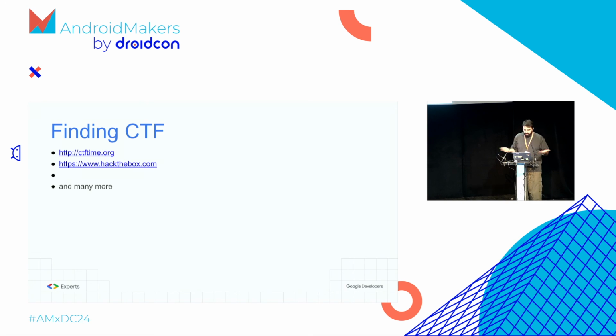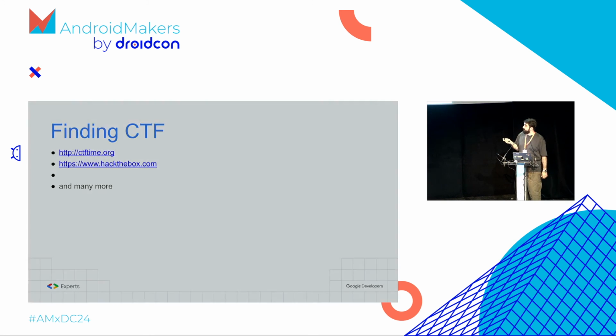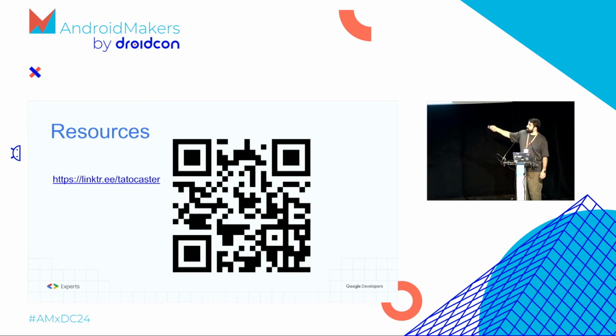Even though it's a mobile challenge, it goes beyond the JVM layer, and that's the beauty of CTF challenges. All the resources are here. You can just scan this QR code and get the resources to the specific websites, and also the blogs and stuff like this, so you might use it.